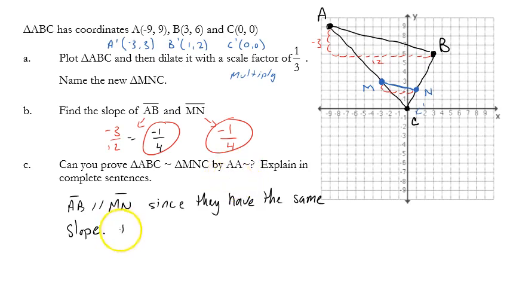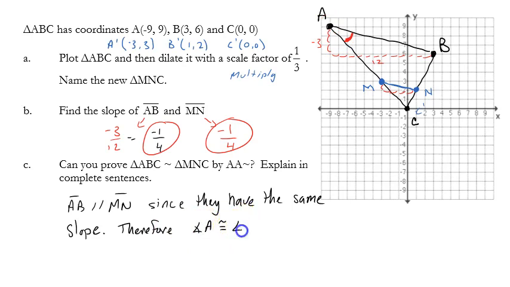So I'm going to say, therefore, angle, and this is the key, figure out which angles are your angles and be able to name them accurately. That is just one angle up here. I can call that angle A. That's not a problem.